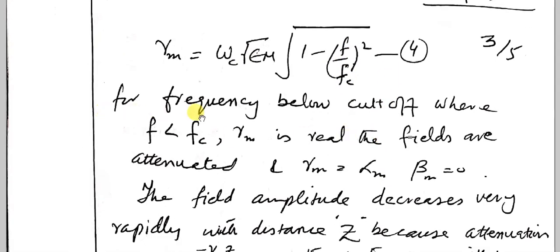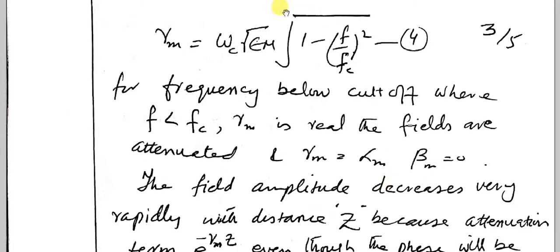Now for frequency below cutoff, where f is less than fc, gamma m is real and the fields are attenuated, and gamma m is equal to alpha m, as beta m is equal to 0. So attenuation is observed as beta m is equal to 0.